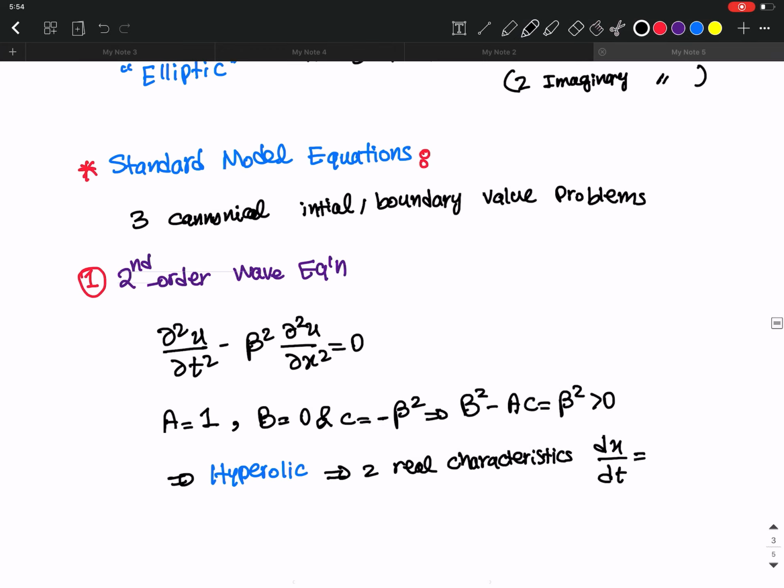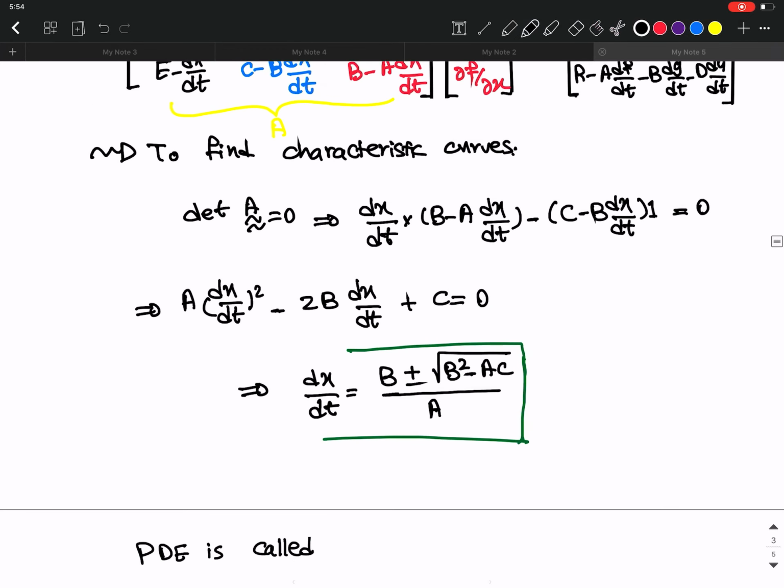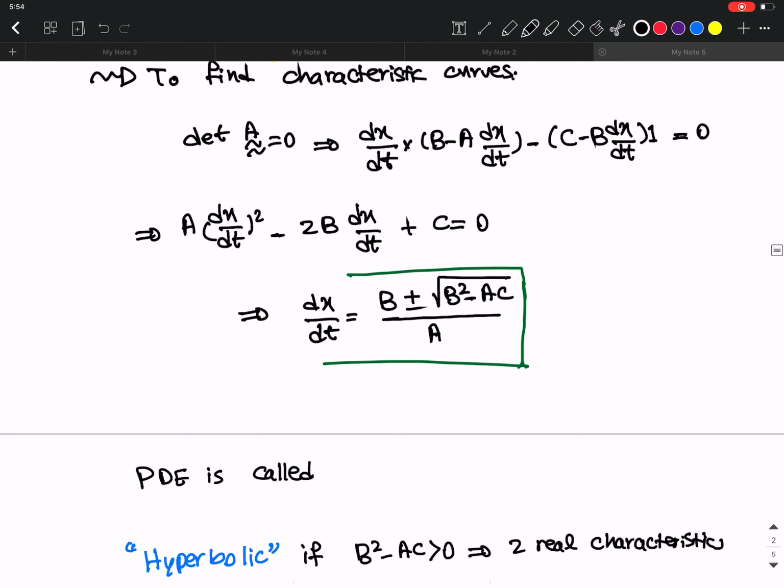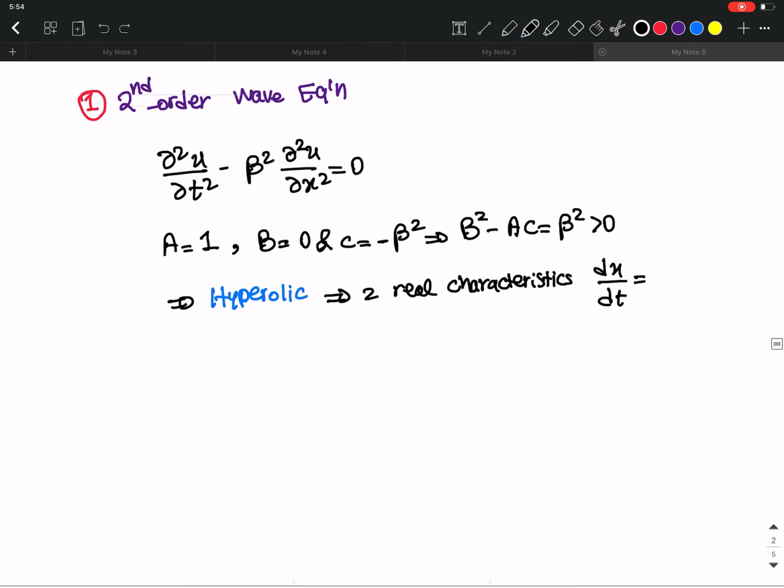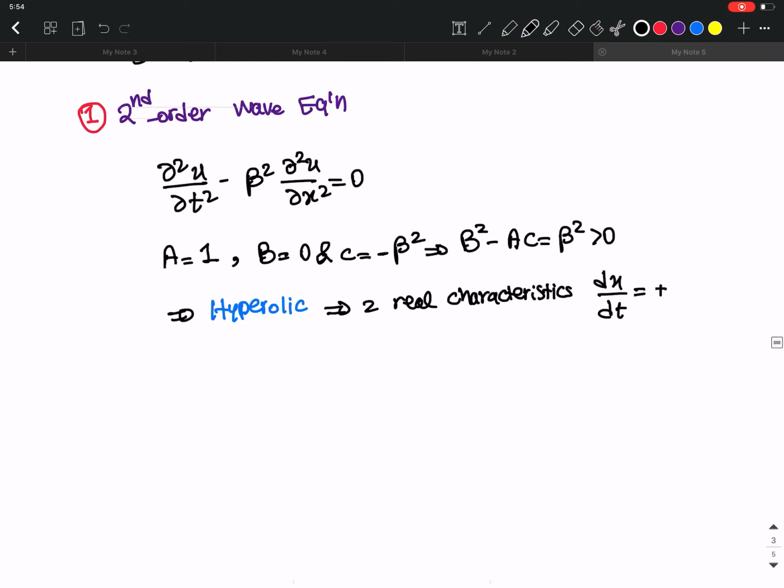Because b is 0, we are going to have plus minus, and a is 1, so based on this, you're going to have plus minus beta.